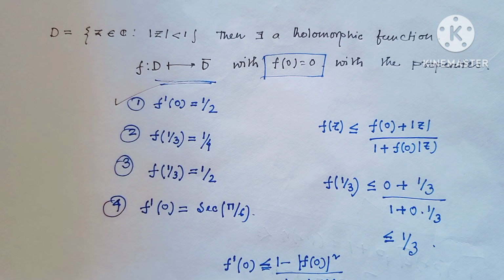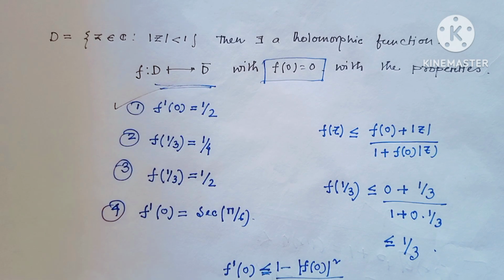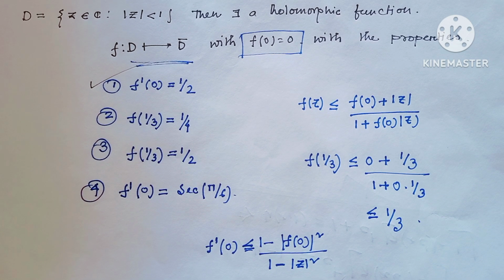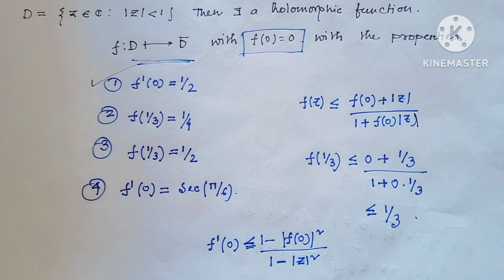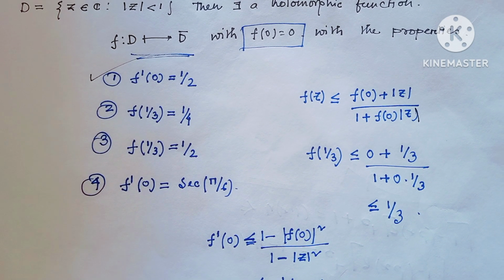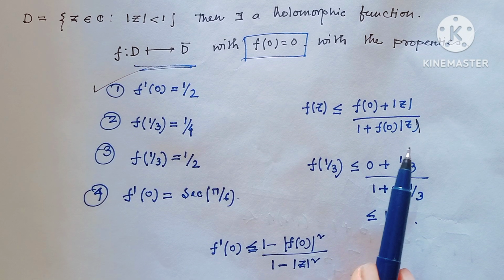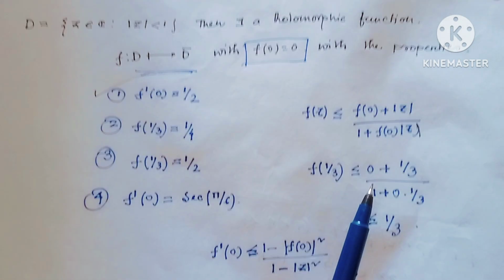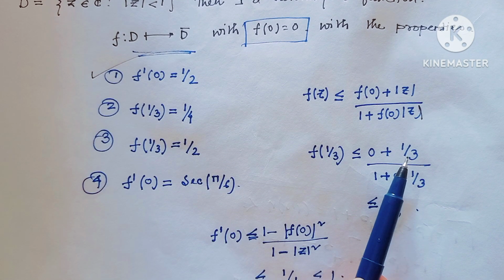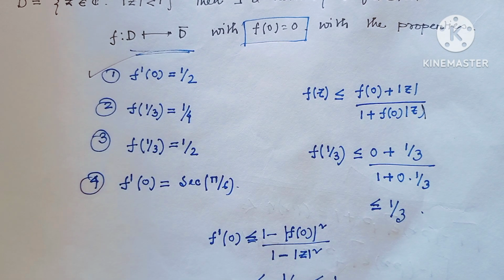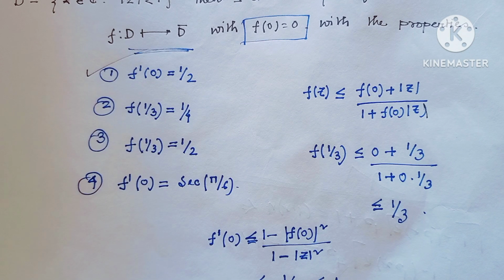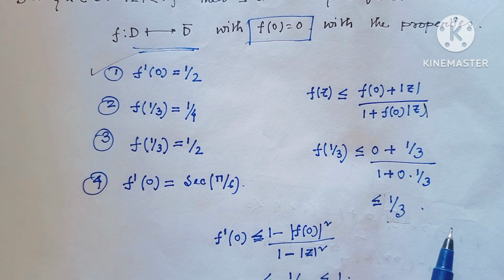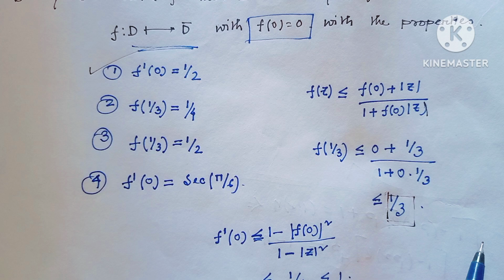Also, since f(0) is given, we can find f(1/3), and f(1/3) is ≤ (f(0) + |z|) / (1 + f(0)|z|). Since f(0) = 0, here the value of z is 1/3, so we get (1/3) / (1 + 0 · 1/3), and this value would be ≤ 1/3 after putting.